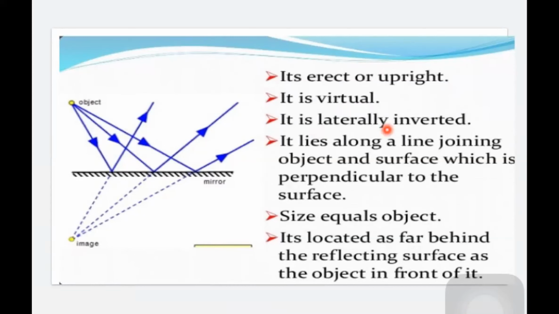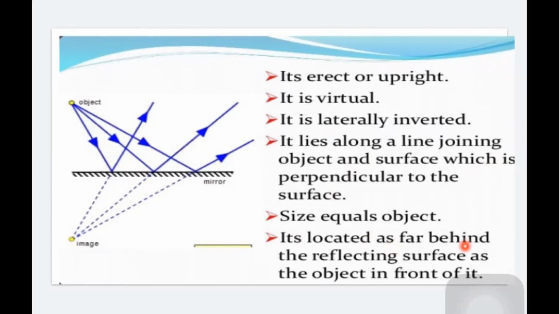It is laterally inverted, meaning the left side of yourself will be seen as right in the mirror and the right side will be seen as left. It lies along a line joining the object and the surface, which is perpendicular to the surface. The size of the image equals the size of the object.